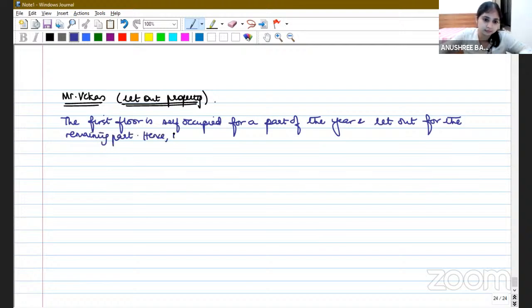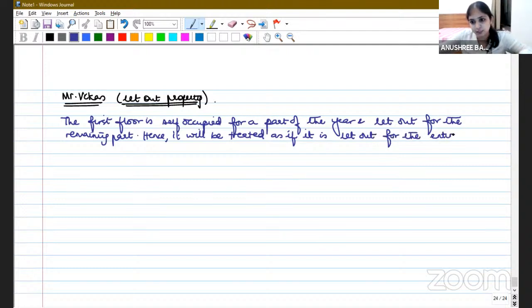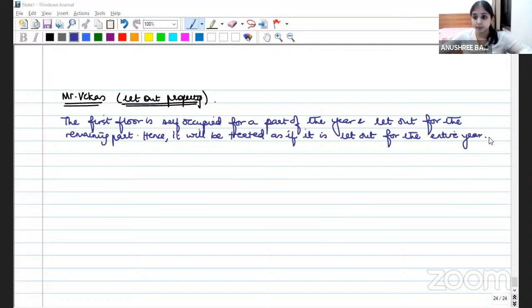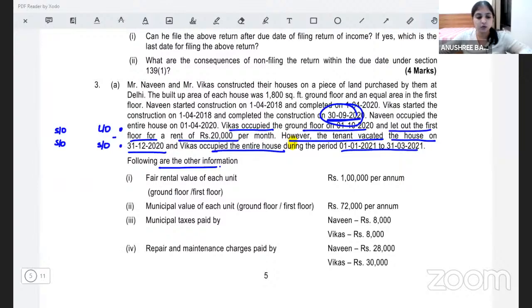Hence, it will be treated as if it is let out for the entire year.